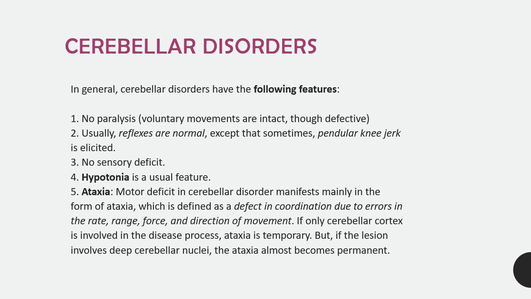Motor deficit in cerebellar disorder manifests mainly in the form of ataxia, which is defined as a defect in coordination due to errors in the rate, range, force, and direction of movement. If only the cerebellar cortex is involved in the disease process, ataxia is temporary. But if the lesion involves the deep cerebellar nuclei, the ataxia almost becomes permanent.